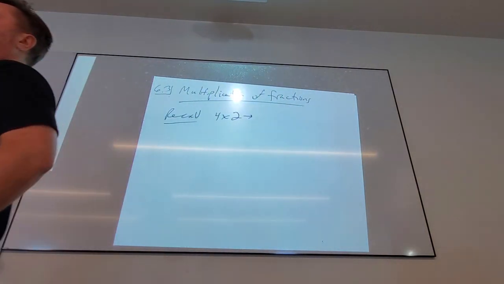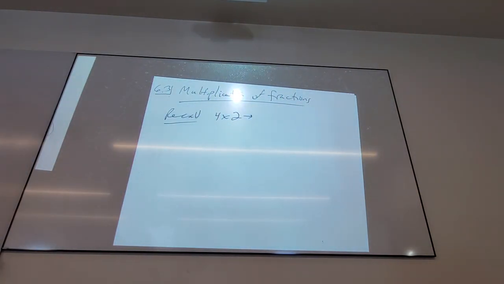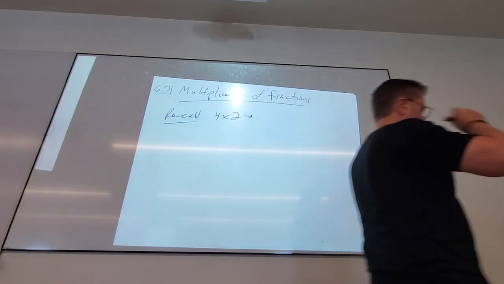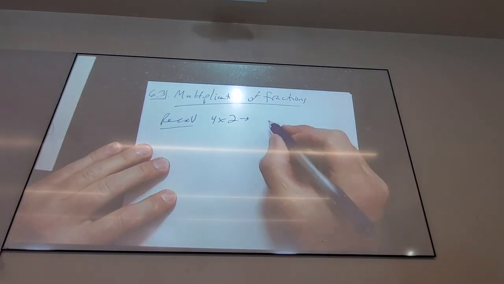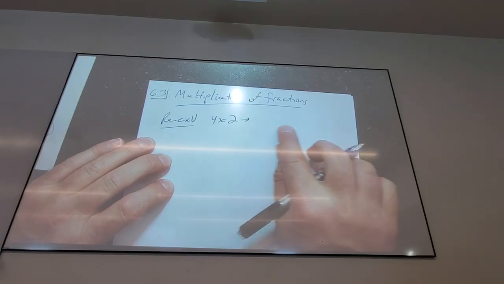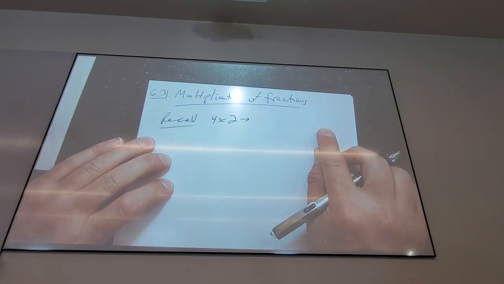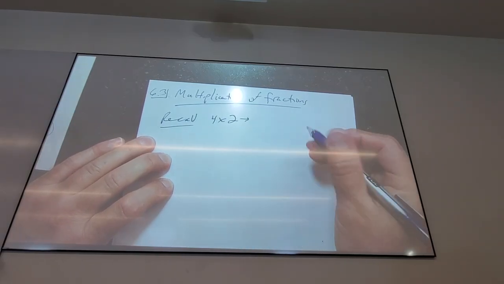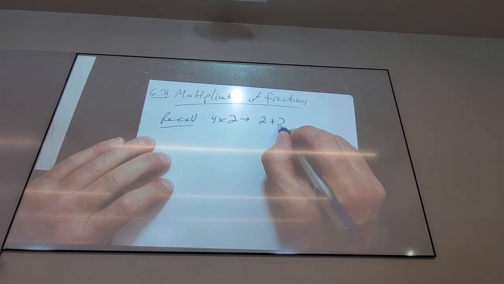How many groups of what, adding? 4 groups of 2. So it'll be 2 plus 2 plus 2 plus 2. Stay with me. I start with nothing, this is blank. And then I put down 4 2s.